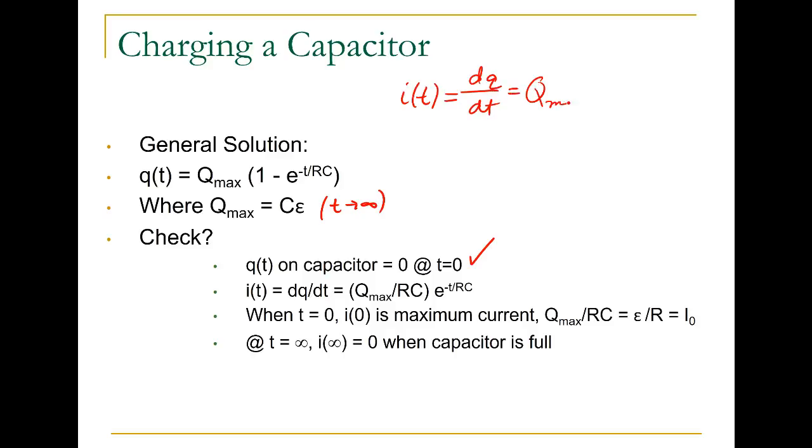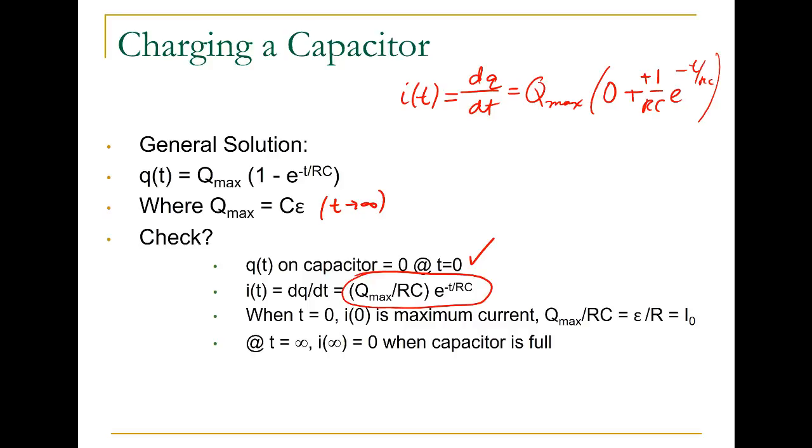That's going to be Q max times the derivative of 1 minus e to the minus t over RC, which is going to be minus 1 over RC e to the minus t over RC. So that's why this is the correct function for I as a function of time.